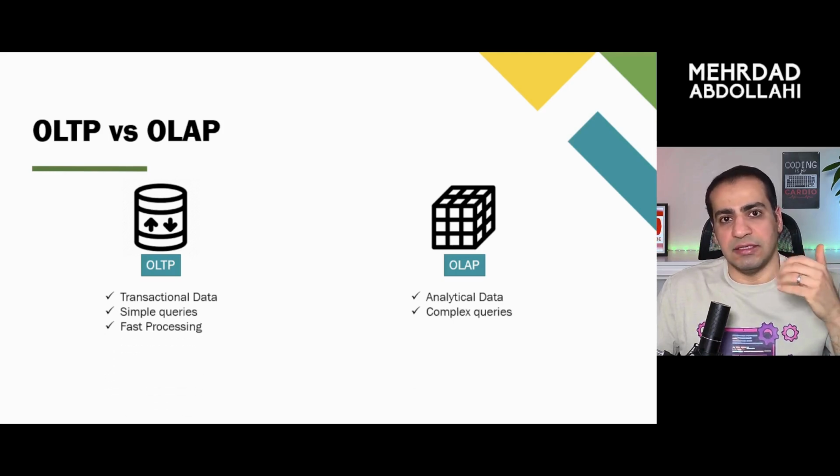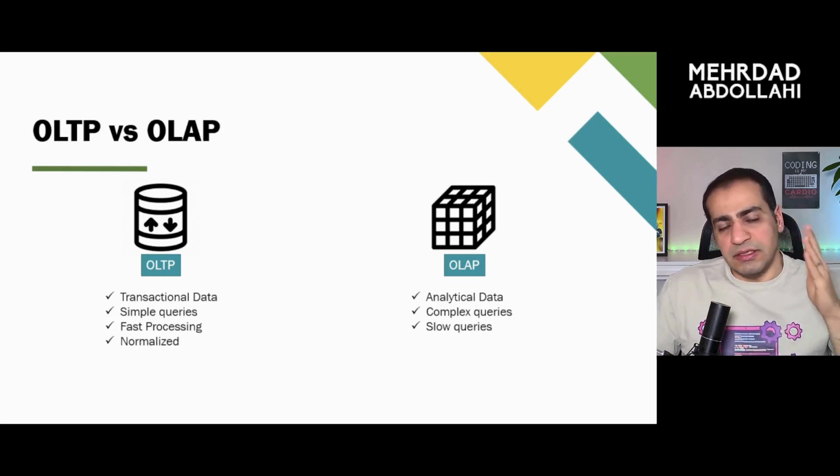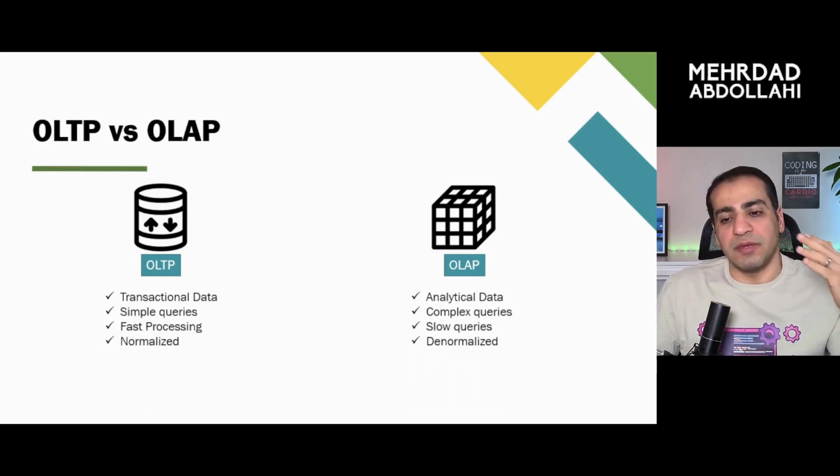Processing is fast in OLTP because it is an online system that has to respond to requests quickly, while we have some slow queries in OLAP to do analytics on the data. The data is normalized in OLTP, while we sometimes have to denormalize it in OLAP for faster queries.